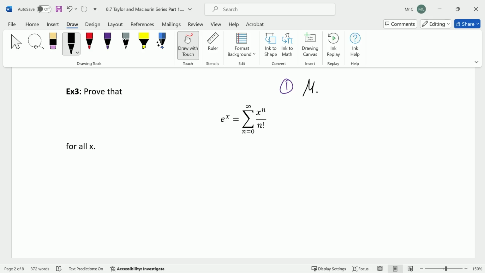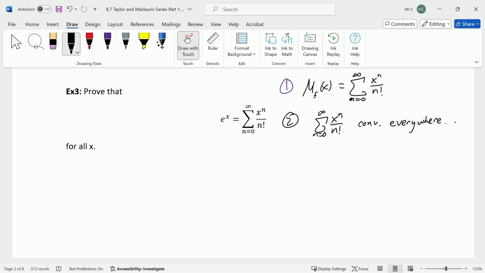We already showed that the Maclaurin series for this function is this sum. And we showed that this series converges everywhere. And now we're going to show that it's actually equal to the value of e to the x.